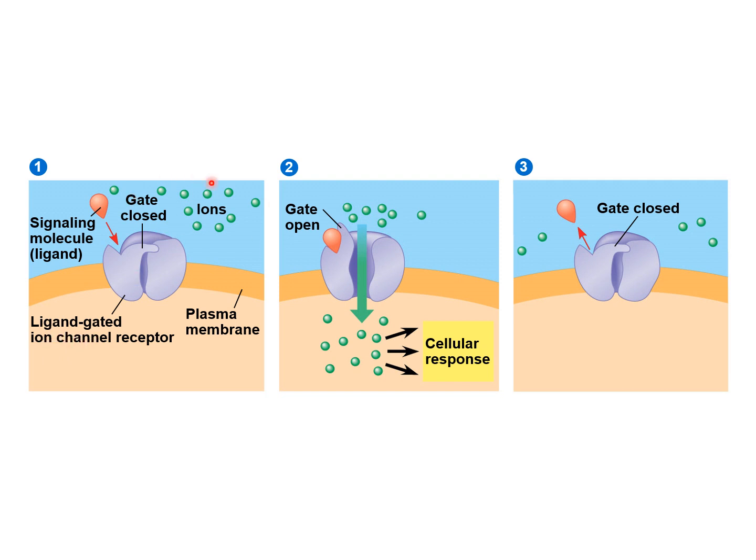Now that movement of ions can do two things. It can change the voltage across the plasma membrane, or those ions, particularly in the case of calcium, can mediate cellular responses by serving as what we call a second messenger, a cofactor for other enzymes and proteins inside the cell. And again, when that ligand unbinds, the gate closes again.